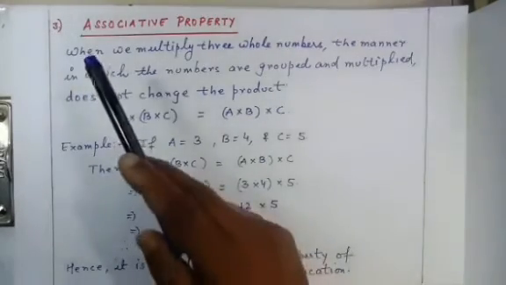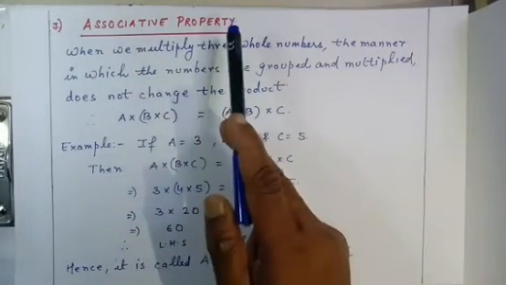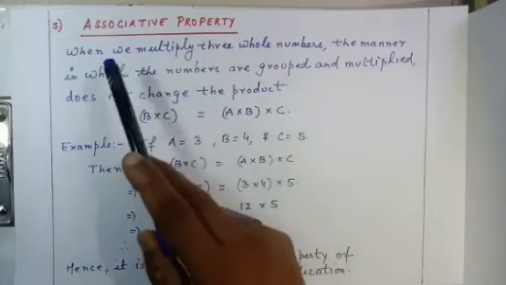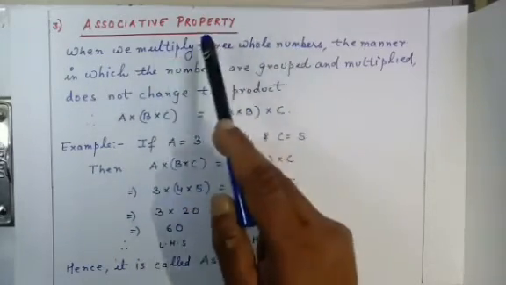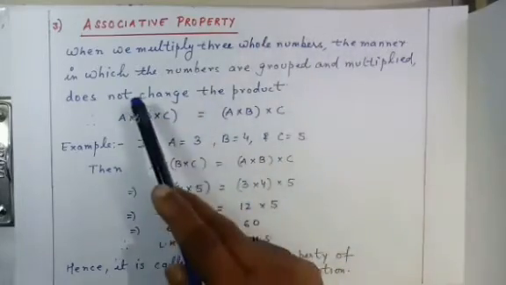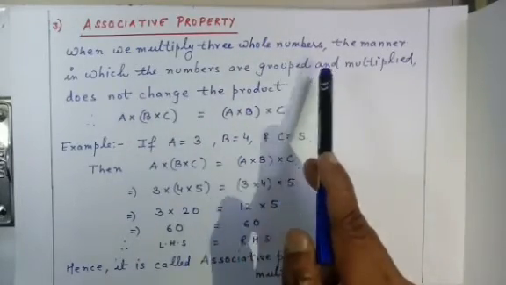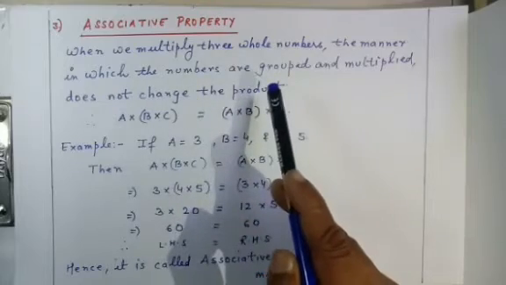Let us see another property, that is associative property. What it says: when we multiply three whole numbers, the manner in which the numbers are grouped and multiplied does not change the product.